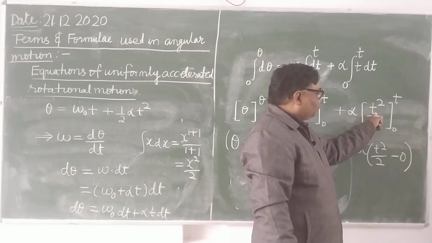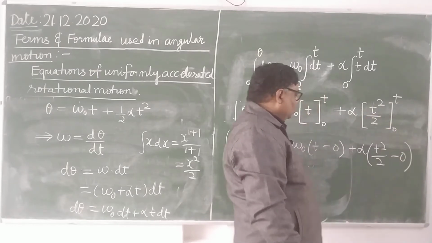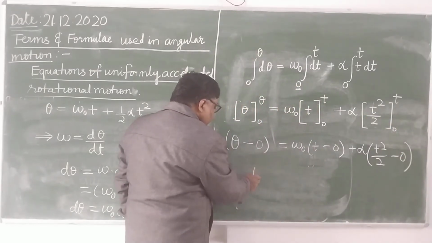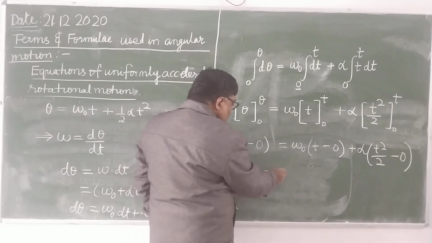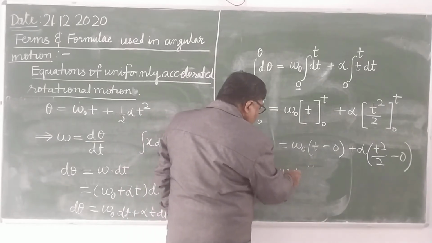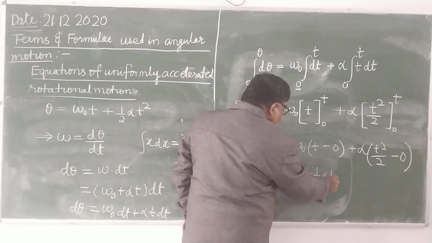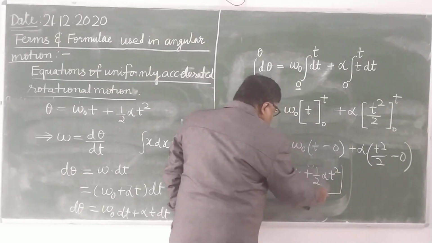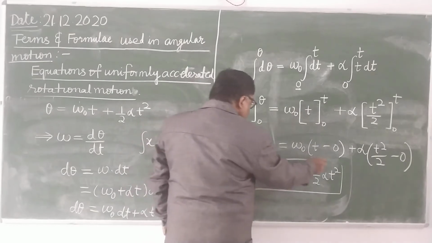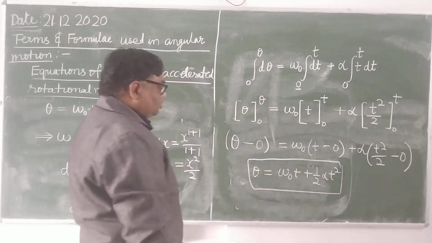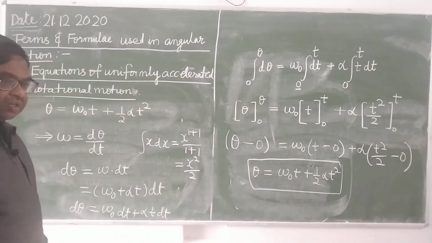In place of t, when you write 0, it becomes 0. So theta equals omega naught into t plus 1 upon 2 alpha into t square. So this is the second equation of motion. It's clear?